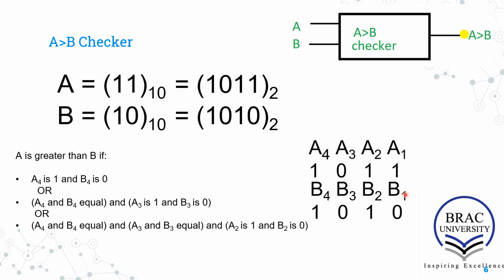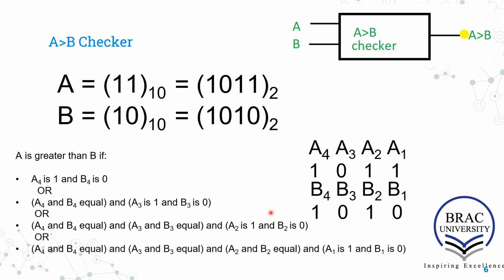We see that A1 is 1 and B1 is 0. So finally we can say that yes, A is greater than B. So in this case, if A4 and B4 are equal and A3 and B3 are equal and A2 and B2 are equal, only then we will look at A1 and B1, and if we see that A1 is 1 and B1 is 0, then we can say that A is greater than B.